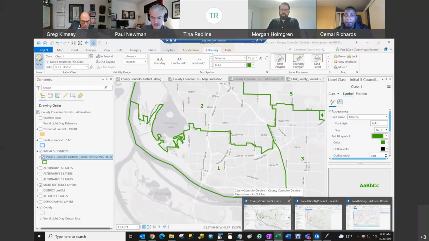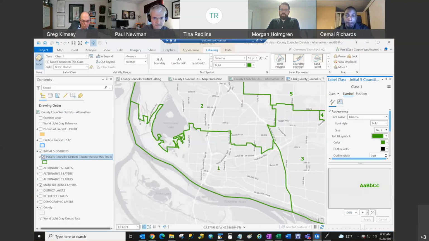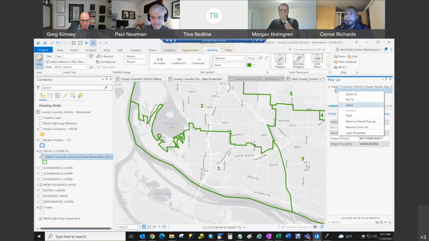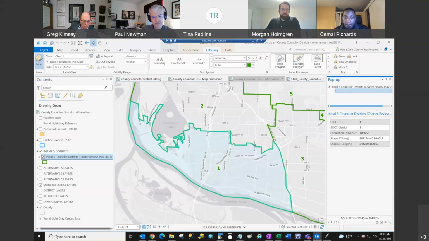You'll recall that District 1 had this really jaggy line down here on the south end of Vancouver Lake. We talked about that last time about making a change to this boundary to follow Lake River here. But this jaggy boundary provides a nice example of how the compaction scores react to something like this.